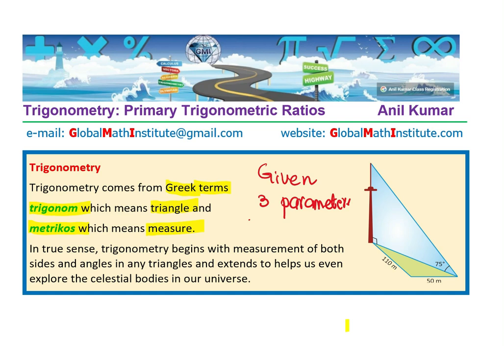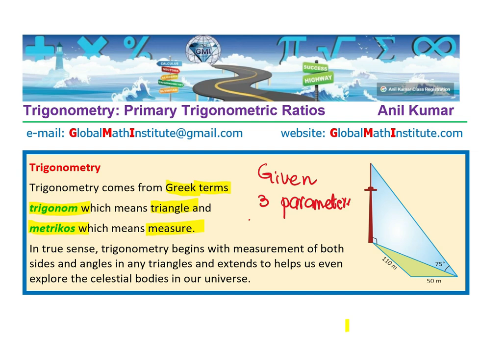Or two sides, one angle, like this. Well, if you're given three angles, then you should remember that the triangle is not unique, because that means we are talking about similar triangles. We could make a triangle which is much bigger, right? So at least one side should be given.